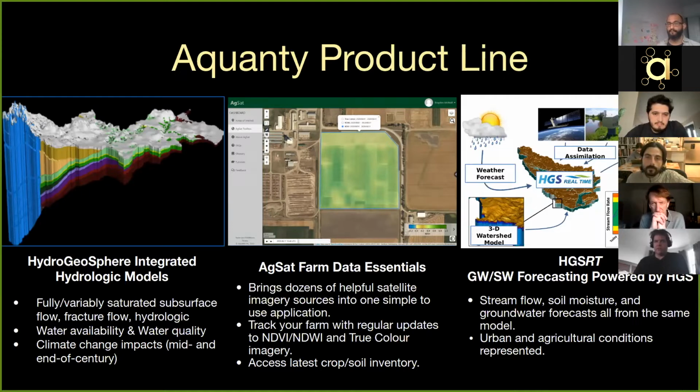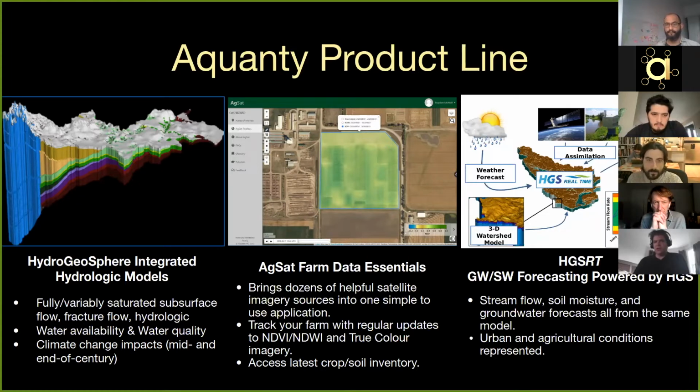Within the past 5 years, we've also started looking at climate change impacts, mid and end of century impacts with various climate scenarios and downscaling to drive these regional simulations that in turn couple into HydroGeosphere.